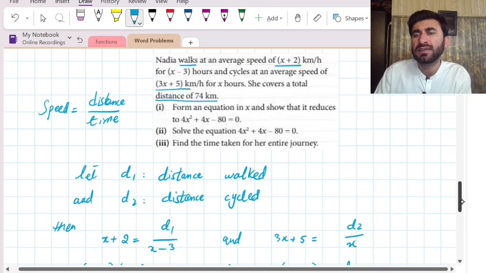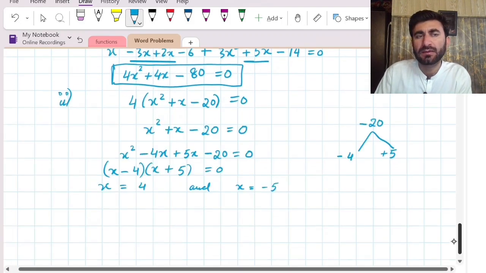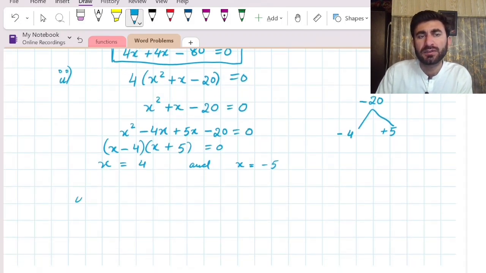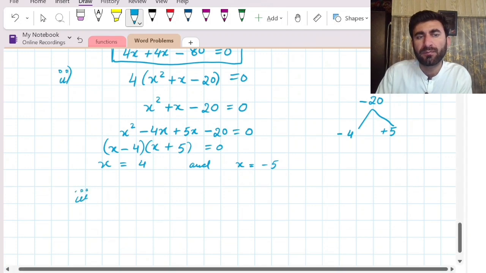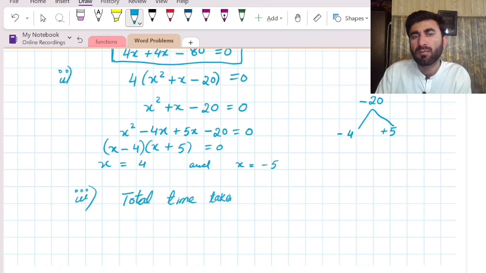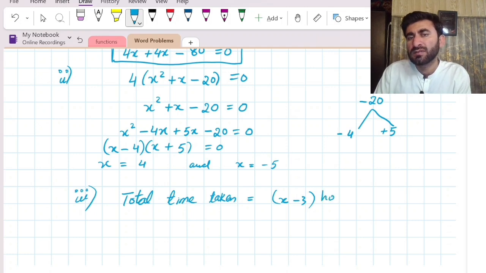So we can say in the third part the total time taken should be x minus 3 hours plus x hours.